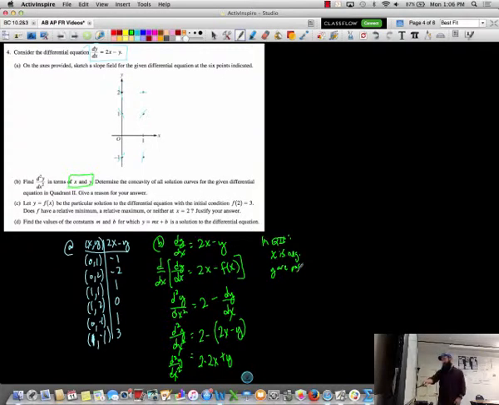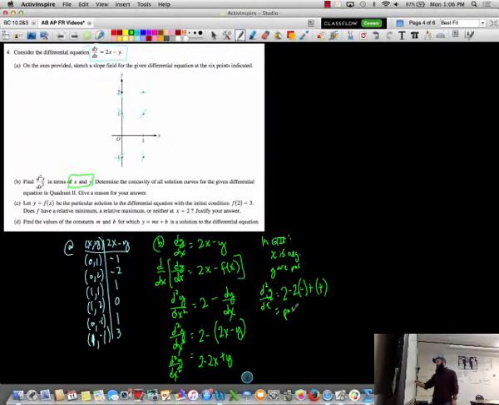So if you're looking at this differential equation down here, the second derivative is 2 minus 2 times a negative number plus a positive number. So this is basically a positive number plus a positive number plus a positive number.